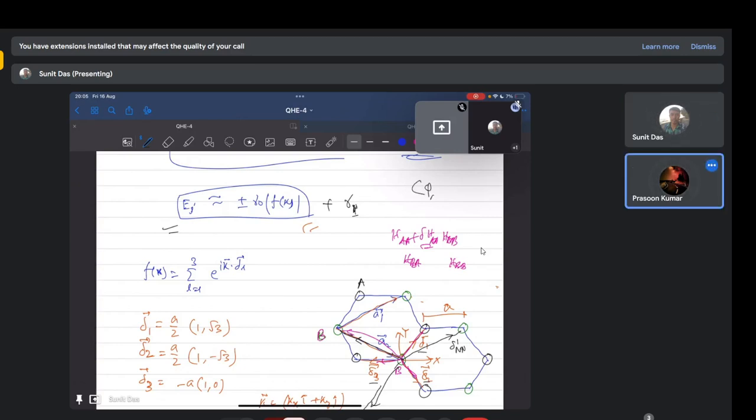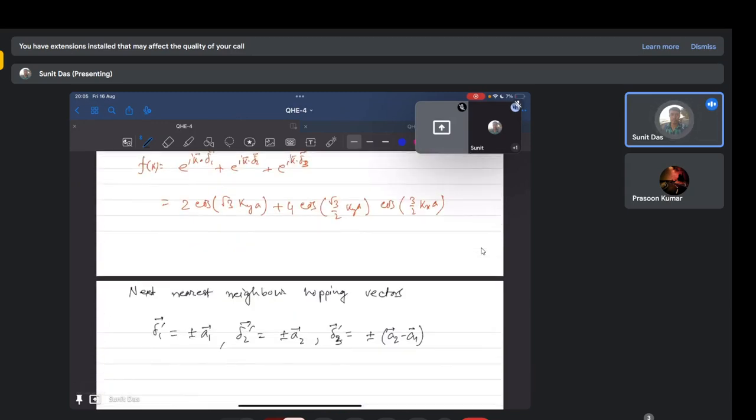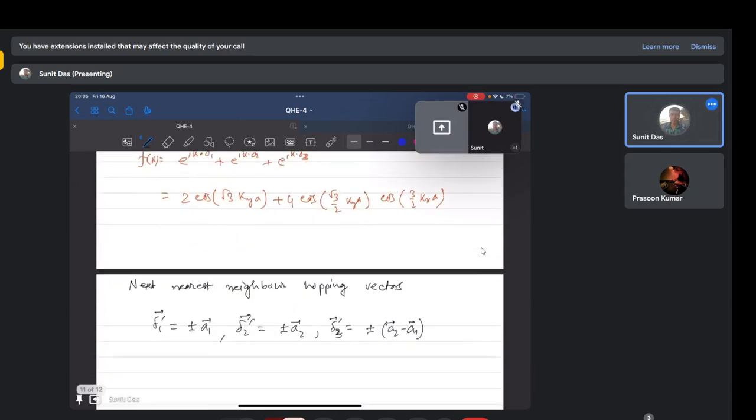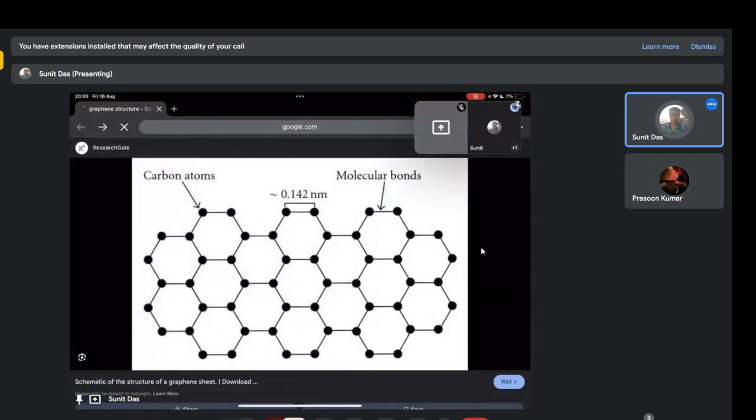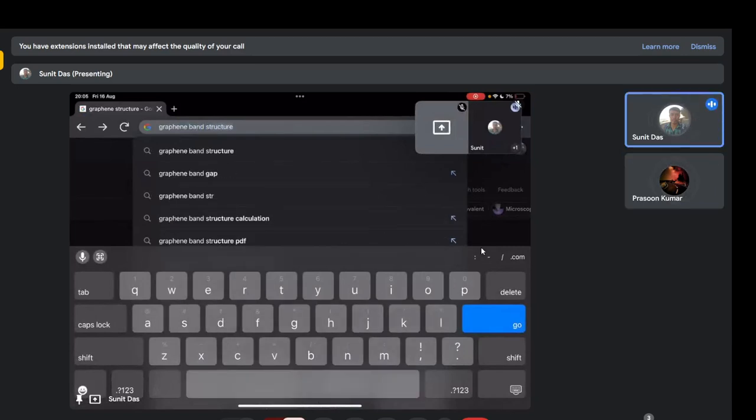This is phi A and H phi A, and you will get some terms for the next nearest neighbor, which is not the same phi A. You may just call it gamma prime, and you will find some term. The key difference once you consider the next nearest neighbor is something you must have already seen: the graphene band structure.